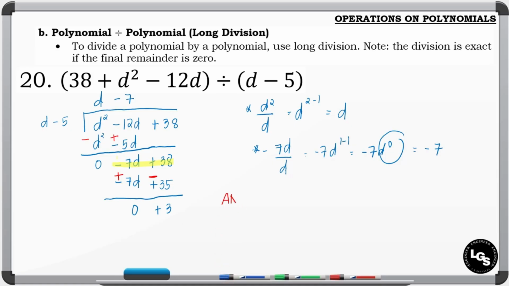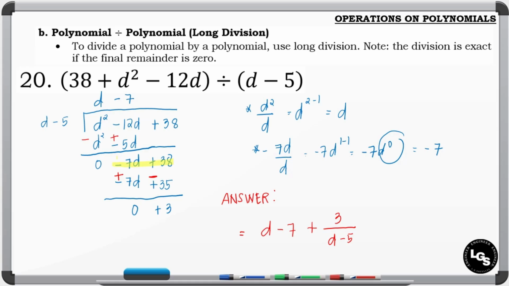In writing the final answer in division, we will first write the quotient, which is this one, d minus 7. Then take note of the sign of your remainder here. If it is positive, we will write positive. So we will write 3 divided by the divisor, d minus 5.